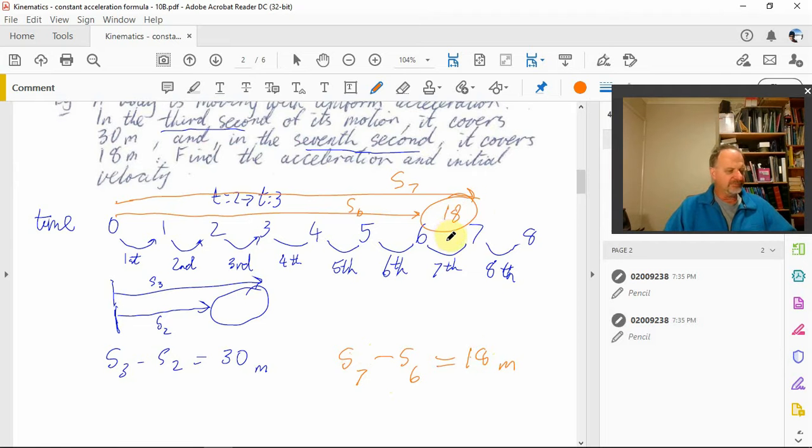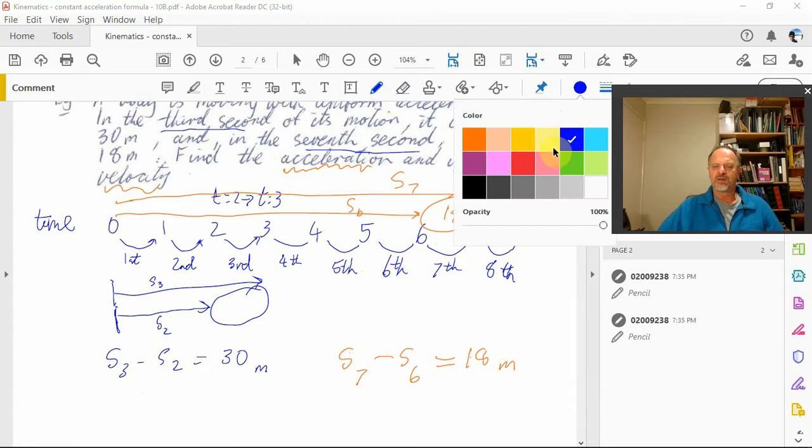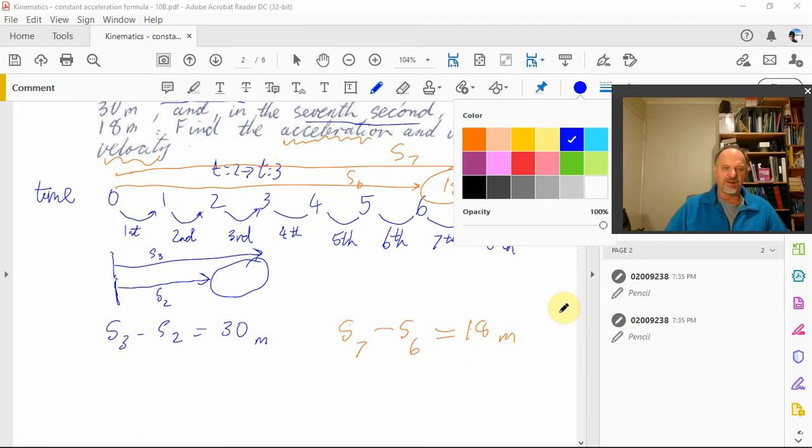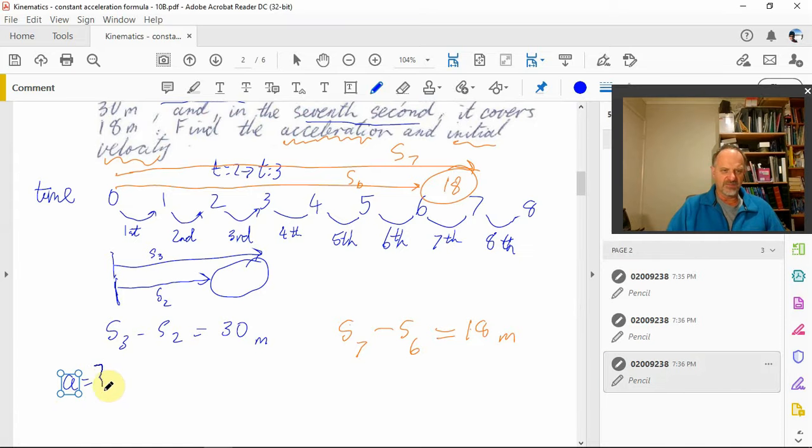All right. So then what we've got is a whole bunch of stuff here. We want to know acceleration and initial velocity. What we want to know is what's acceleration, what's initial velocity, what's u.